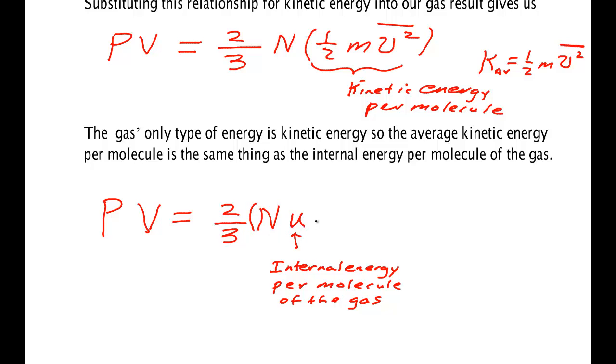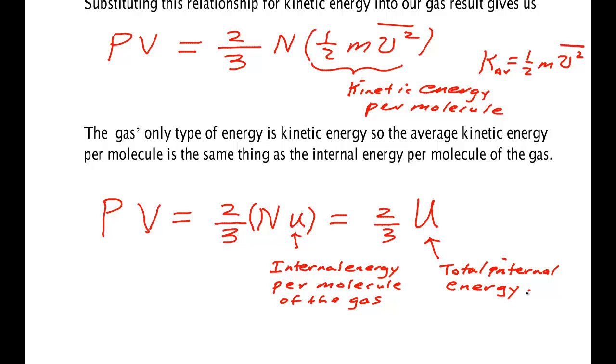And if we combine these two terms, it is 2/3 big U, which is the total internal energy of the gas.